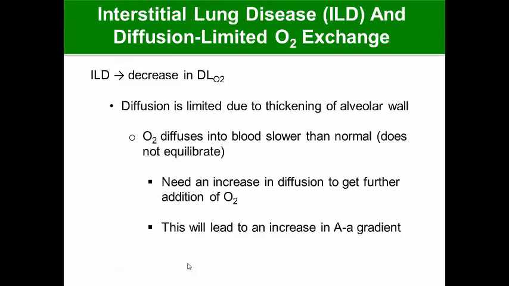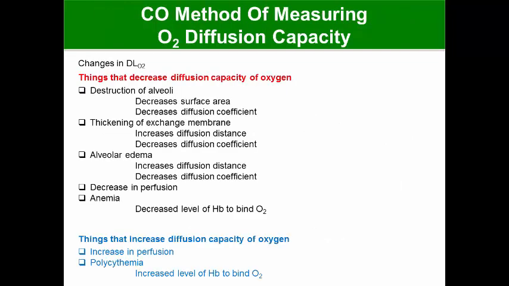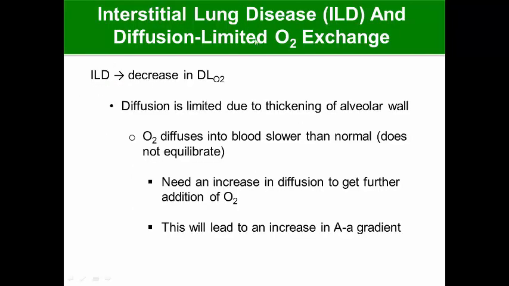Okay, so in interstitial lung diseases, here when we have the disease in the interstitium of the lung, when there is fibrosis in the lung, when there is thickening of the respiratory membrane or the exchange membrane, the diffusion of oxygen is now diffusion limited and not perfusion limited.